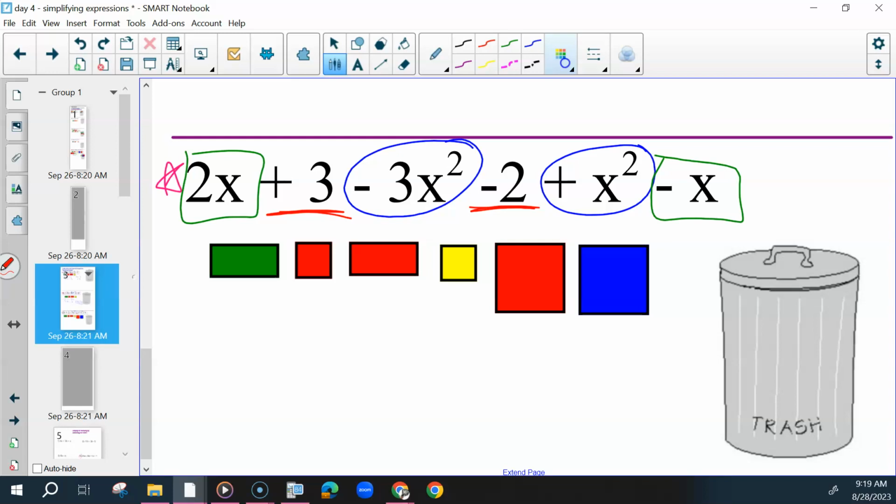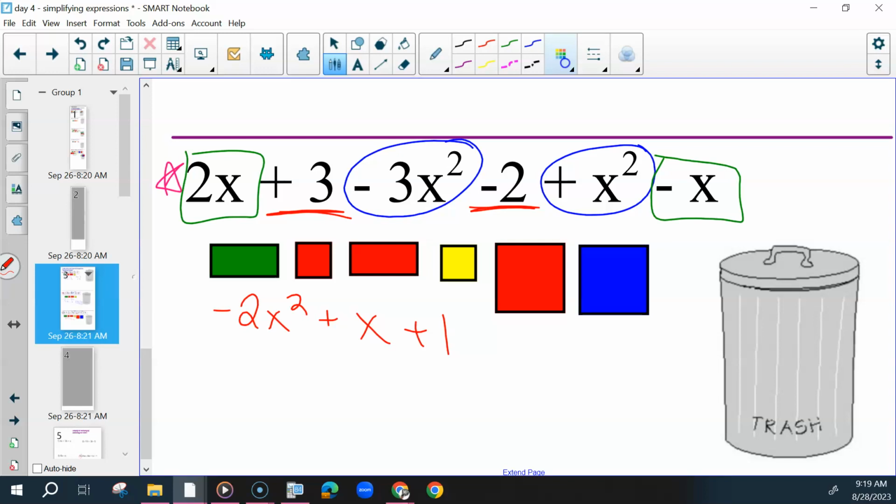Anyone want to share their answer? Plus, positive 2x or negative? So we did just get that answer.